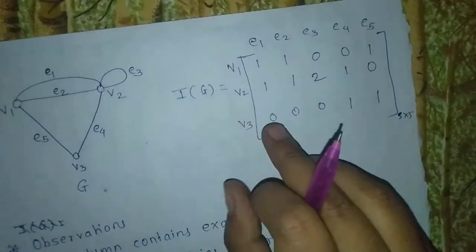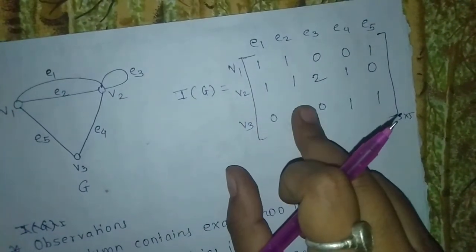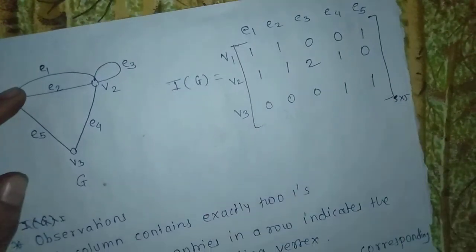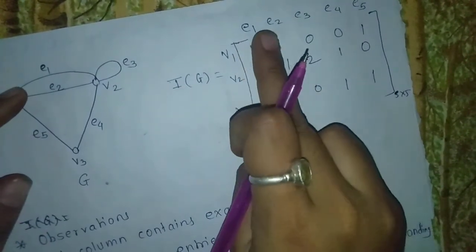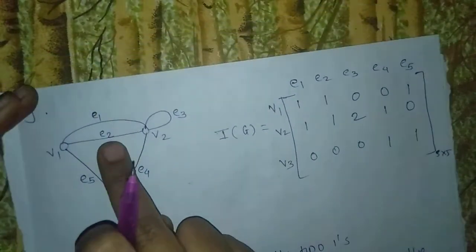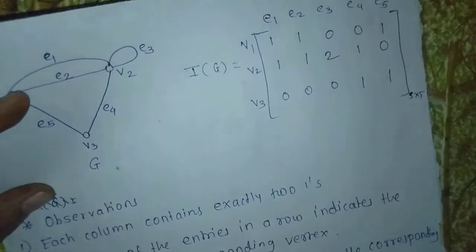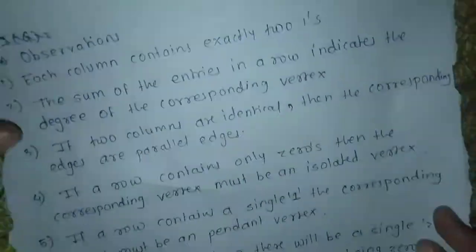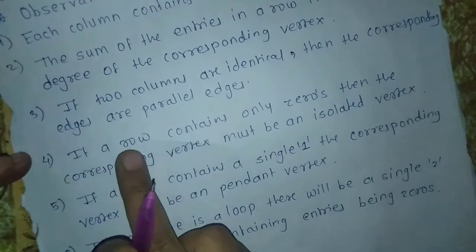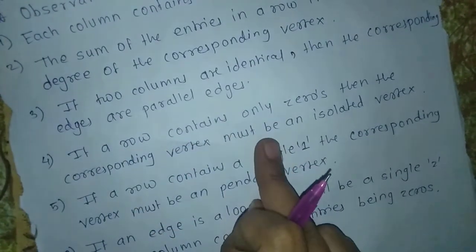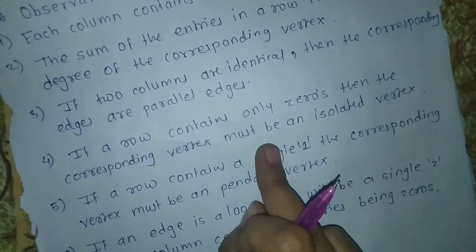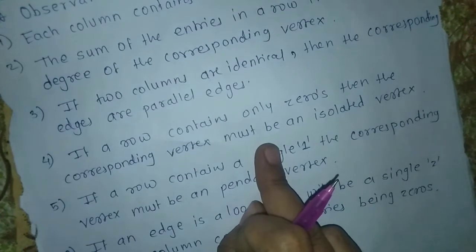Here you can see that the first and second columns are identical. Then the corresponding edges E1, E2 are parallel edges by the definition of parallel edges. Fourth observation, if a row contains only zeros, then the corresponding vertex must be an isolated vertex, meaning that the degree of that vertex is equal to 0.